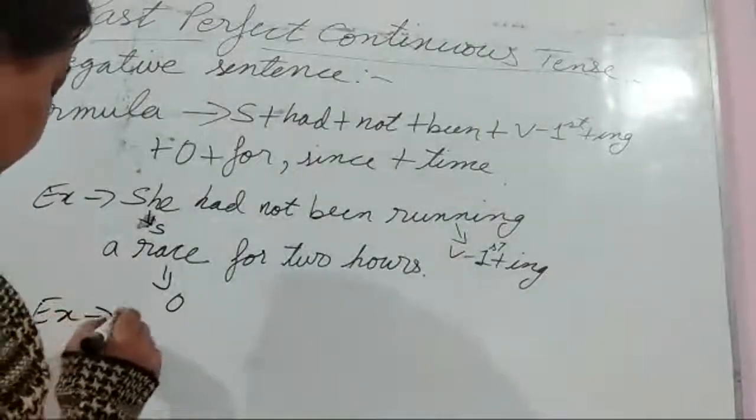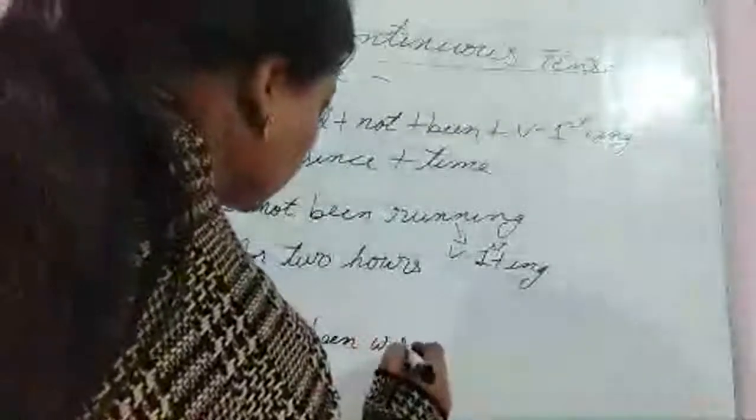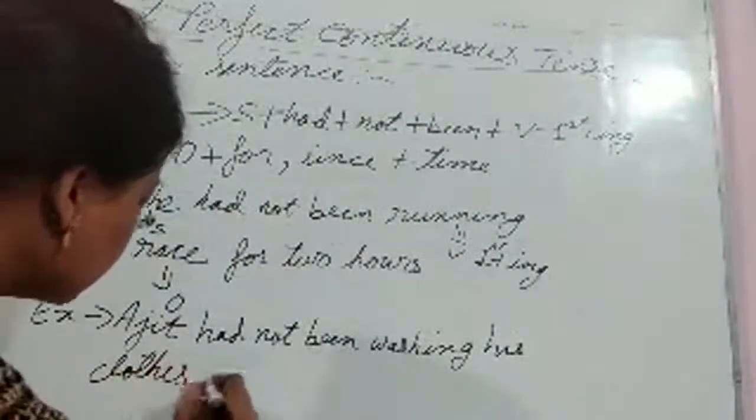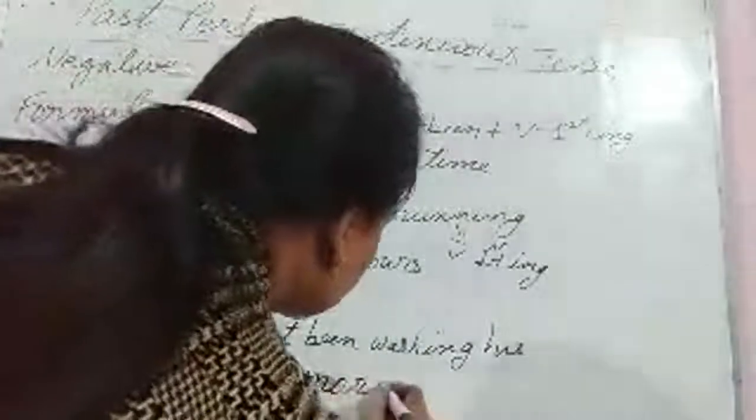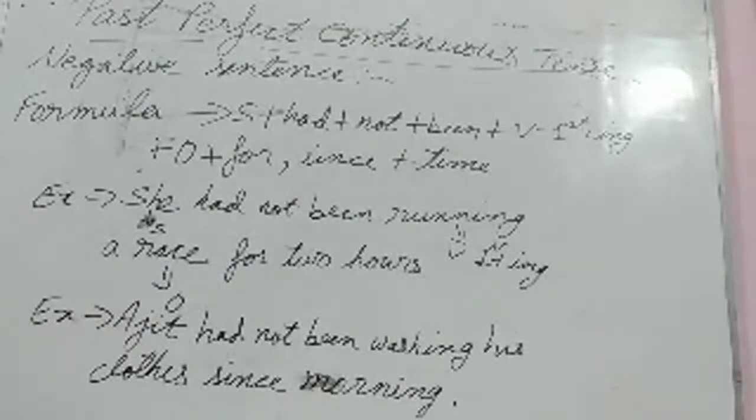Next example. So next example to negative sentence in past perfect continuous tense is Ajit had not been washing his clothes since morning.